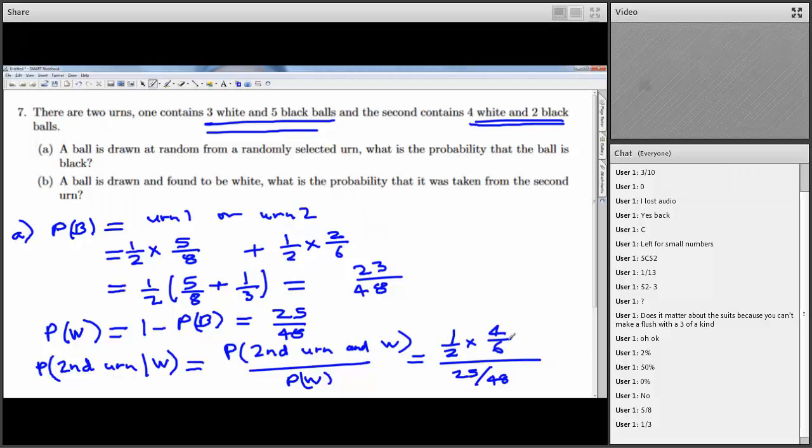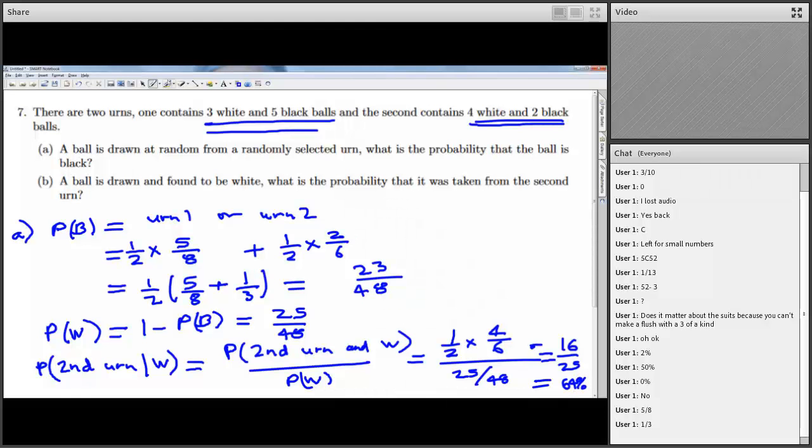And then you've got to clean it up, essentially, to simplify that fraction down. I think you get something like 16 over 25 as a final answer, or 64% as a percentage. So that's one of the harder questions.